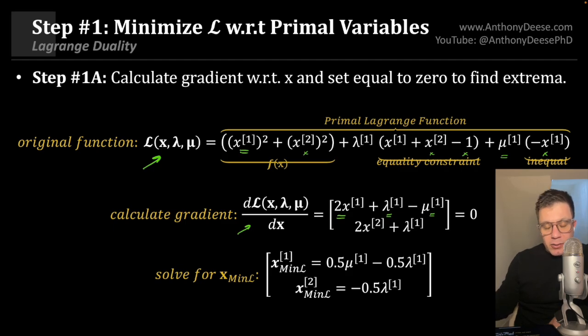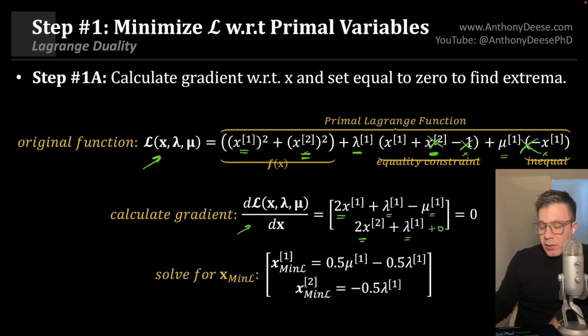Then if we take the gradient with respect to x2, we end up with 2x2. Then we have plus lambda 1, again, because we have the product of x2 and lambda 1. This would go away. This doesn't have any effect on the second gradient, and this doesn't have any effect on the second gradient as well, which is why we don't have a third term.